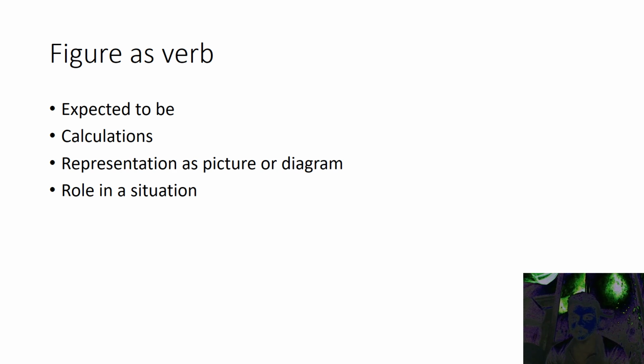Also, it is used for calculating an amount or value arithmetically. Also, figure is used for representation as a picture or diagram, and also to have a significant role or part in a situation or process.